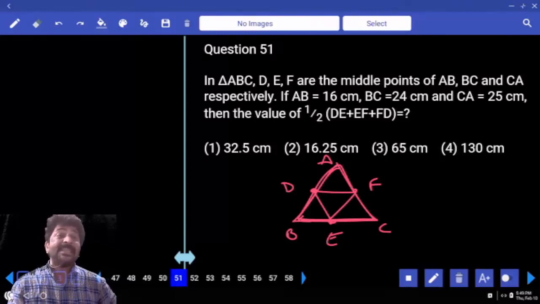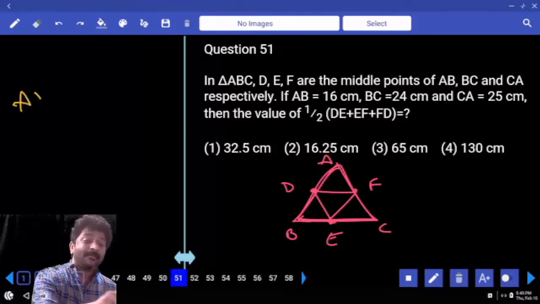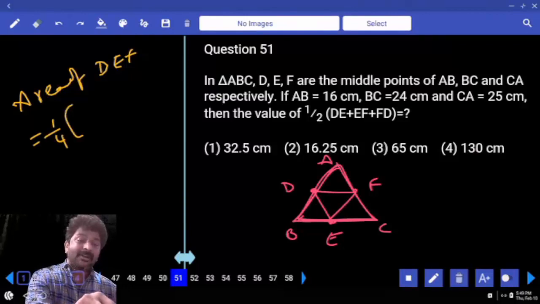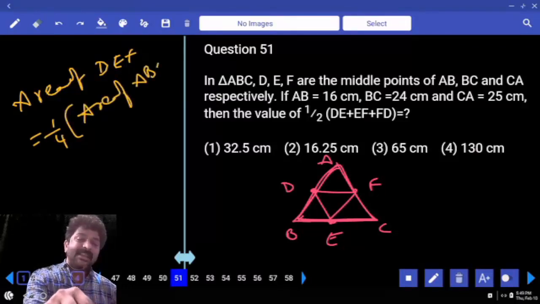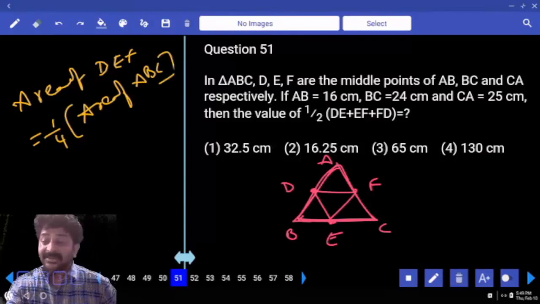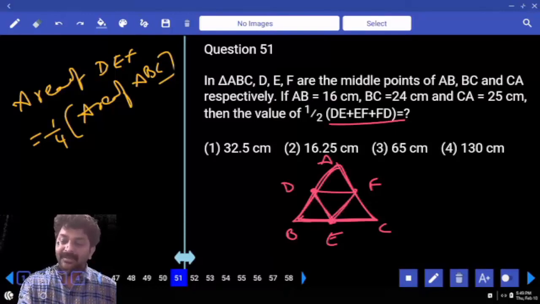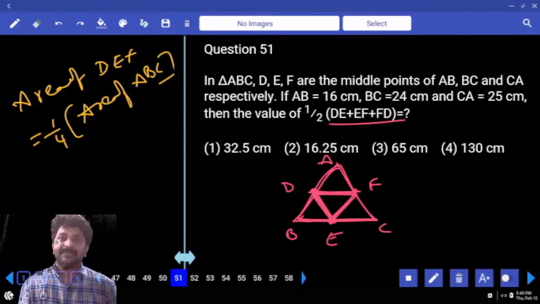Area of DEF must be equal to 1/4 of the area of ABC. Now, your question is about perimeter, right? DE, EF, FD. That means your question is about the perimeter of the triangle.